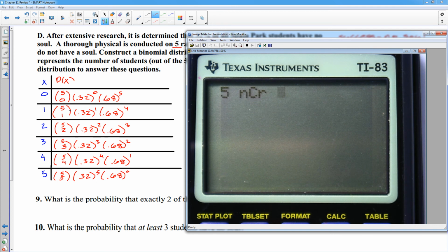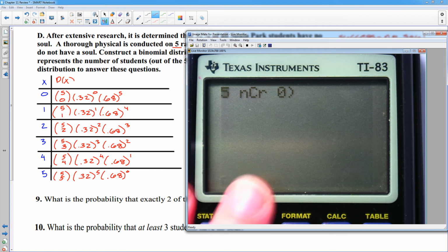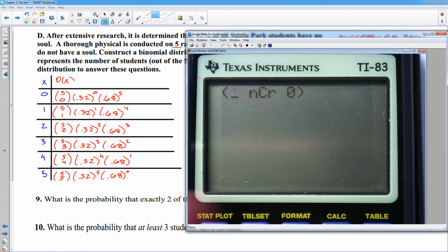So 5, NCR 0, and I'm going to put that in parentheses because I need to do that times 0.32 to the 0, 0.68 to the 5th. So I'll close parentheses. I need to go back to the beginning and insert parentheses, so let me do that. Where's the insert button? There it is. So insert there.